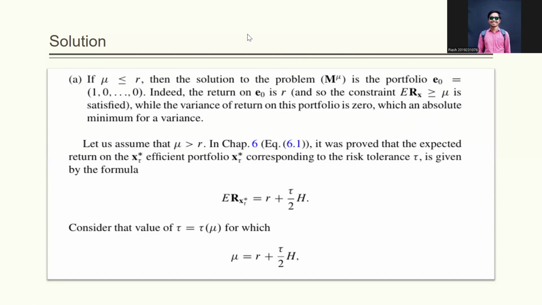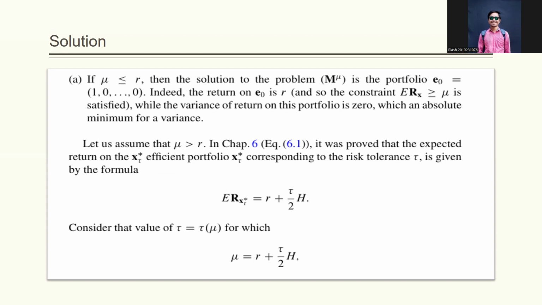Then we plug these values into the CAPM model. So here you can see, if mu is less than or equal to r, then the solution to the problem m to the power mu is the portfolio E naught. Indeed, the return on E naught is r, while the variance of return on this portfolio is zero, which is an absolute minimum.